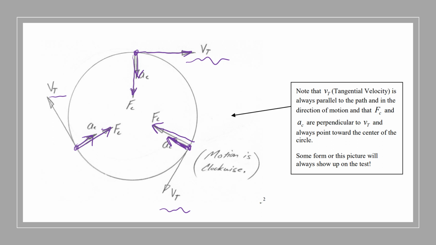All right, so basically, oh, hey, look, we got a lovely 90 degrees here. It's lovely. Okay, force towards the center, tangential velocity perpendicular to it. And some form of this picture seems to always show up on the AP exam, so it's a good one to kind of know this idea of where are your forces, where your acceleration, where would your velocity be.